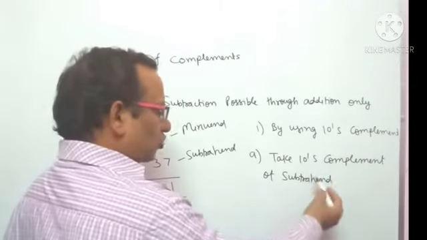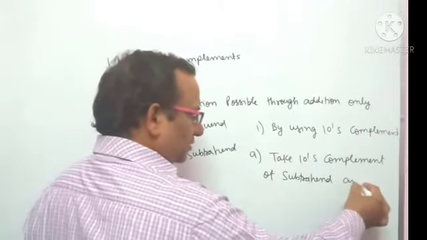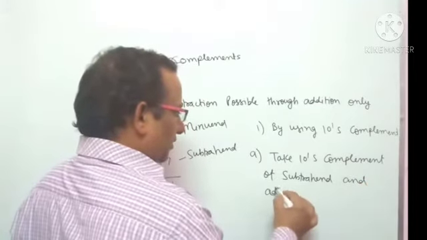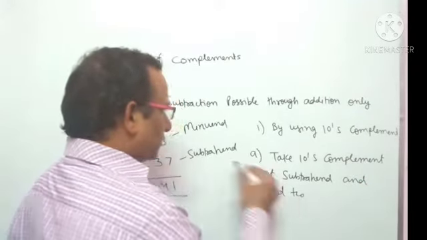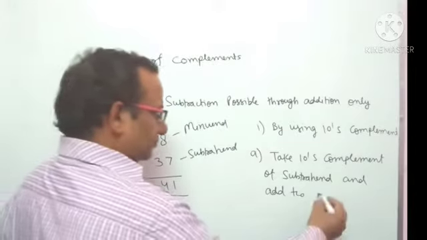Take the tens complement of the subtrahend and add it to the given number, which is the minuend.